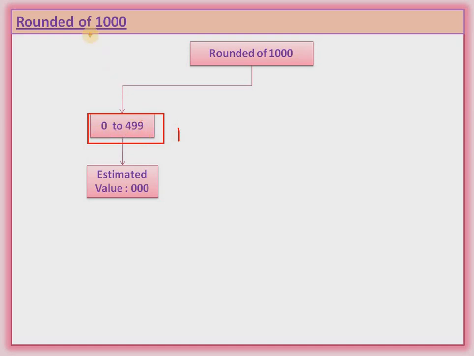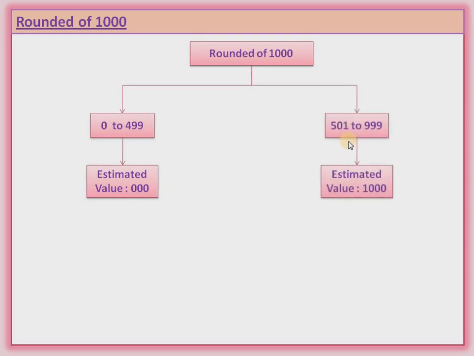In which rounding off? To 1000. The category is 0 to 499, and the estimated value is 00. Now category number 2 is 501 to 999, and its estimated value is 1000.